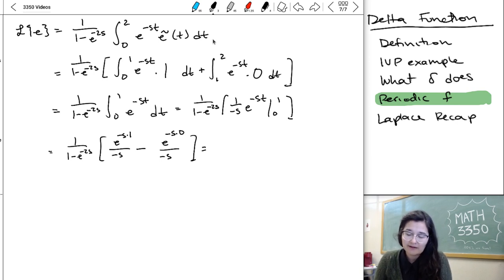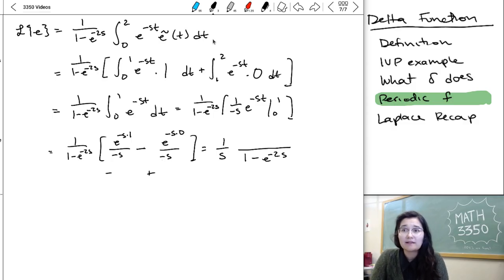Or just cleaning this all up so it looks nicer, I can pull out that 1 over s. I note that everything is divided by 1 minus e to minus 2s. Then this minus minus becomes a plus, and this one stays minus. E to 0 is 1, minus e to minus s.